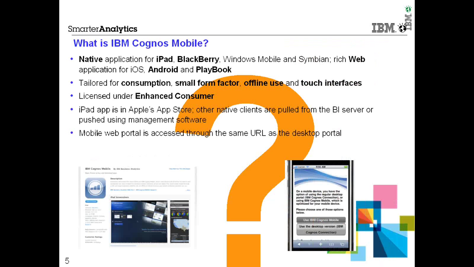Now let us look at what IBM Cognos Mobile is. IBM Cognos Mobile provides a native application for iPad. It enables information sharing on the BlackBerry, the Windows Mobile, and Symbian also. The whole thing has evolved in the knowledge sharing, in the transfer of information from a central location to a mobile device and vice versa.